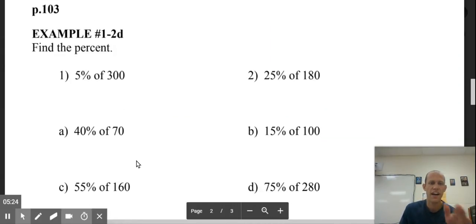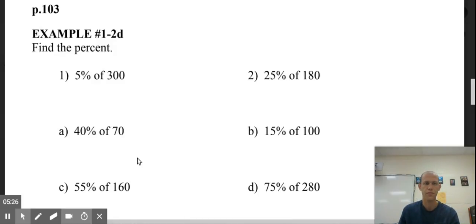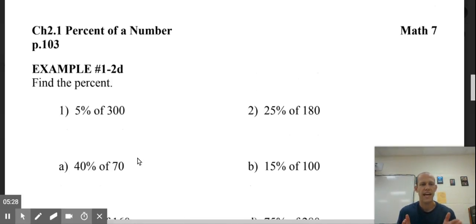Here we have 5% of 300. When looking at percents like this, we're only going to do a few of these together. An easy way to do it is to think about what 1% is or what 10% is, and think about how many of those you have. If I were looking at this 300, I know that 10% of it would be 30.